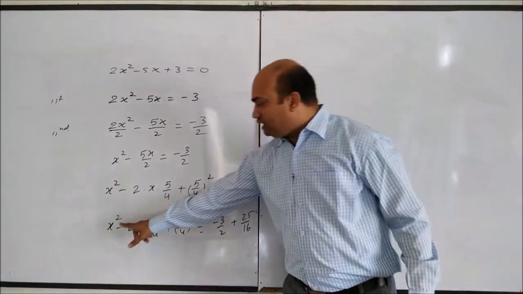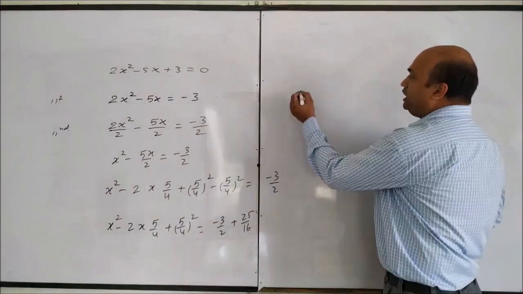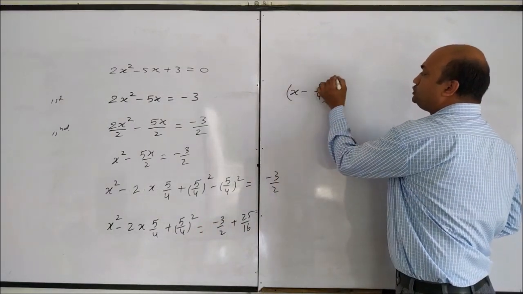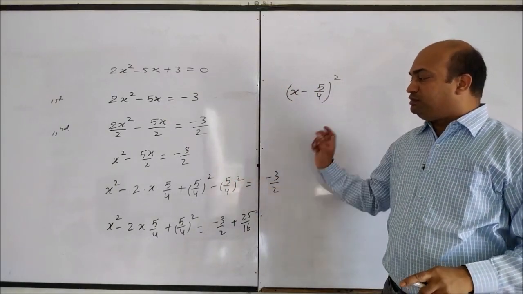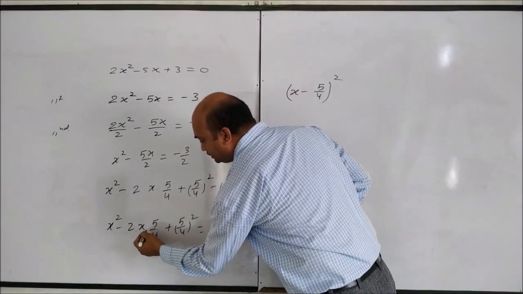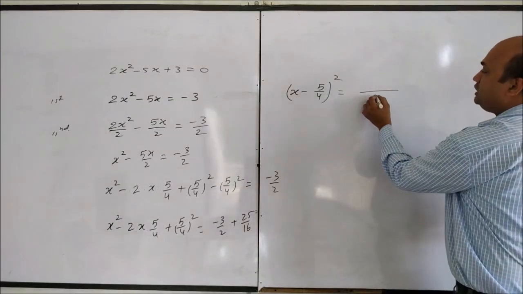Now this will be a square minus 2ab plus b square. That will be a minus b whole square. Okay. A square minus 2ab plus b square will be a minus b whole square. This is a and this is b, is equal to, here we take LCM.